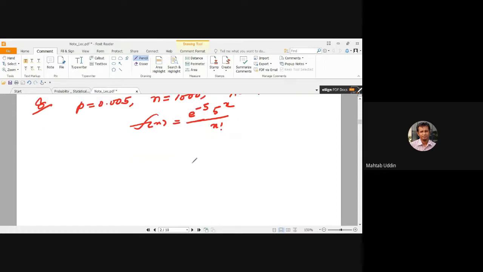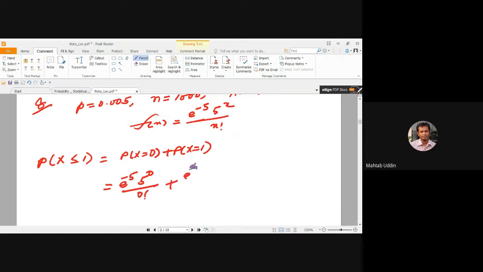The first question is the probability of at most 1. So P of x equal to 0 plus x equal to 1. You can write here e to the power minus 5, 5 to the power 0 by 0 factorial plus e to the power minus 5, 5 to the power 1 by 1 factorial. After completing the simplification, you will get 0.404.